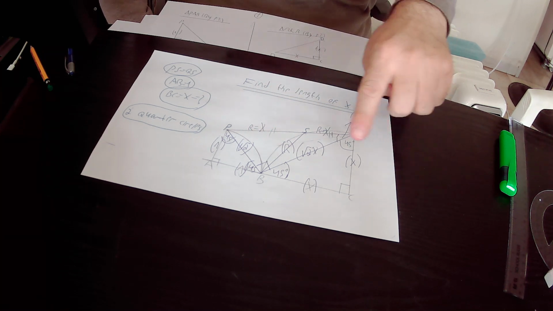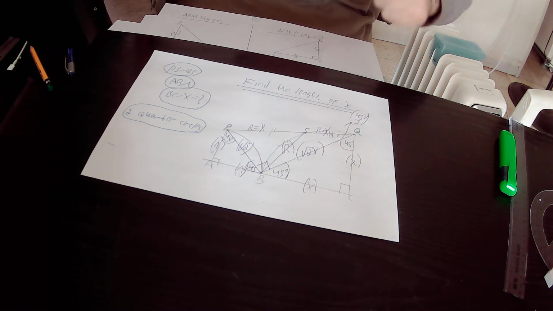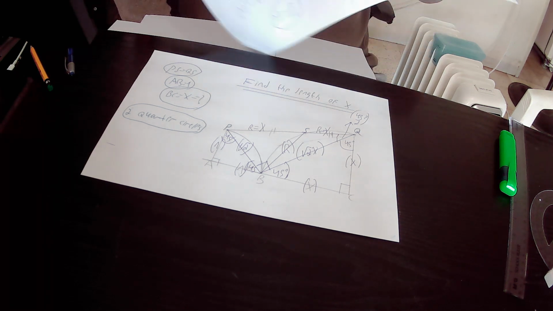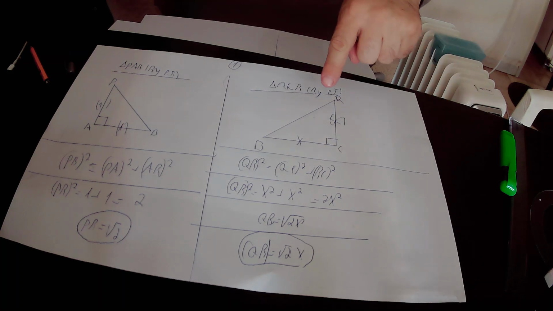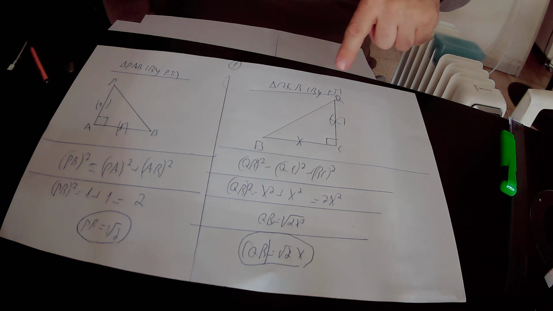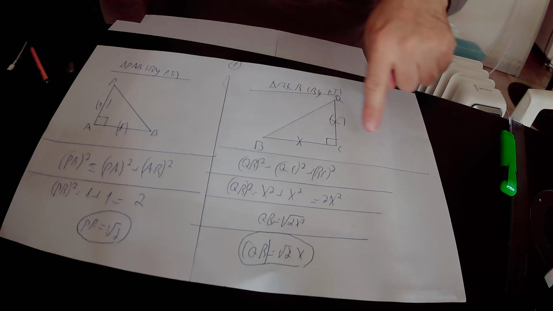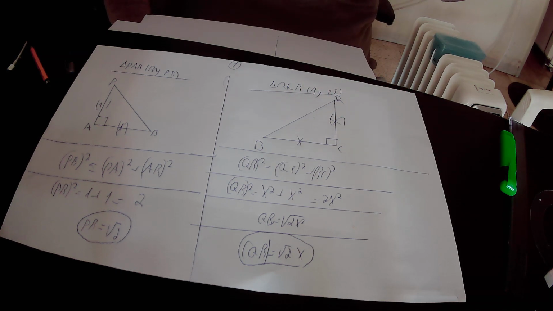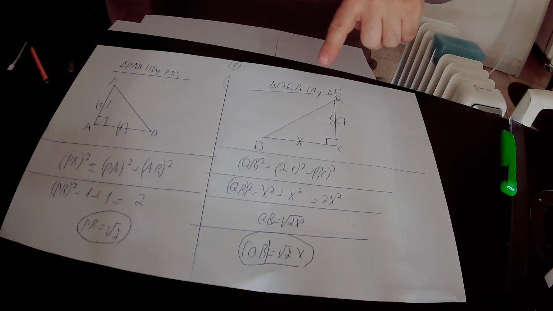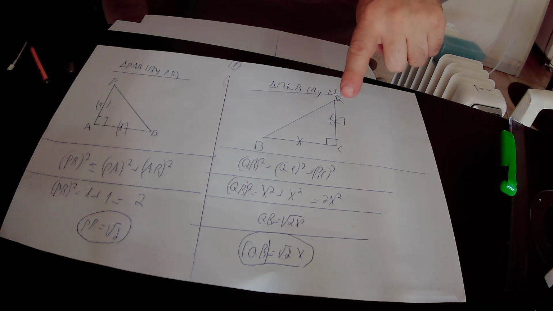Then I copied the right triangle QCB in a new page and implemented the Pythagoras theorem in this right triangle QCB. This is the right triangle QCB that I copied from the original drawing. In this right triangle QCB, QB square equals QC square plus BC square. QC is x, therefore QC square is x square, plus BC square. BC is x, therefore BC square is x square.